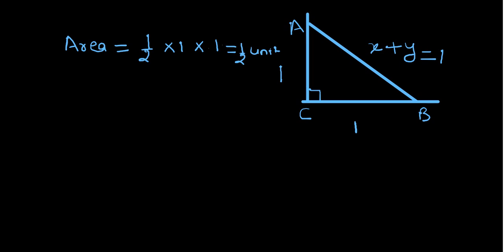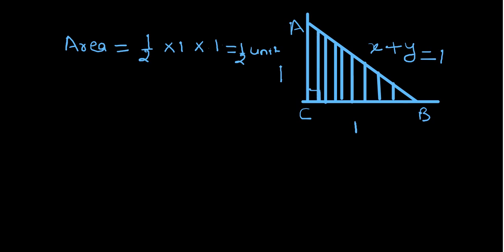Now in order to find this through the calculus method, we will have to draw small rectangle strips. If we keep on drawing the small rectangle strips, this will form the basis for the whole area, like this, like this, like this, and like this.